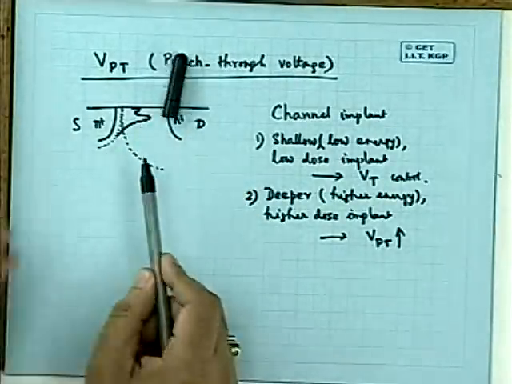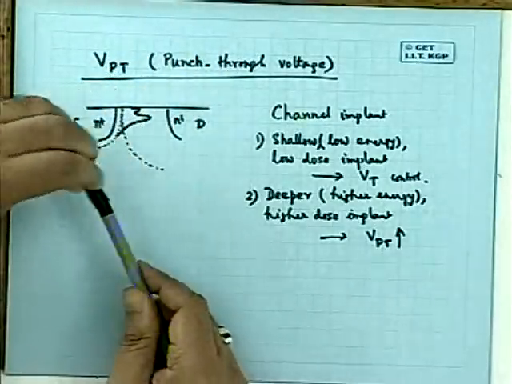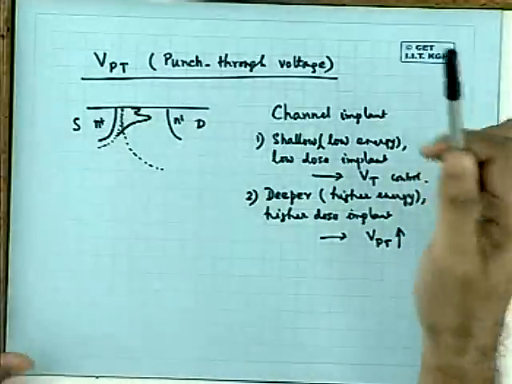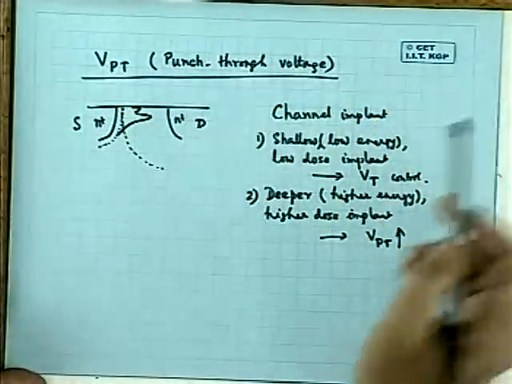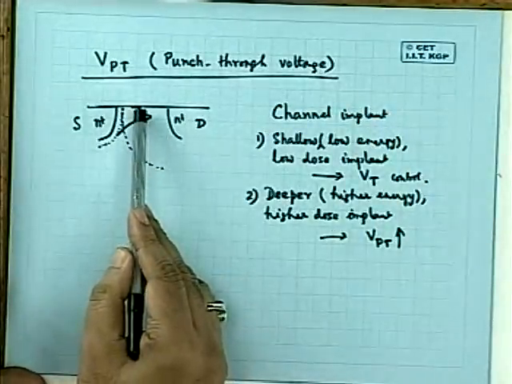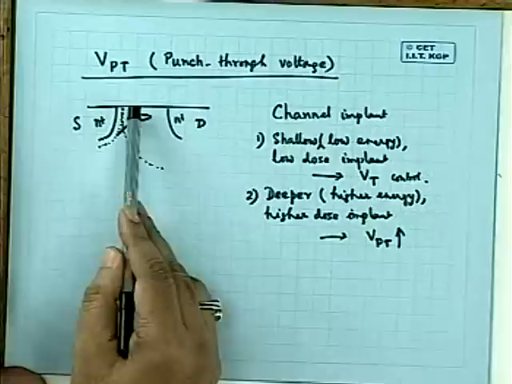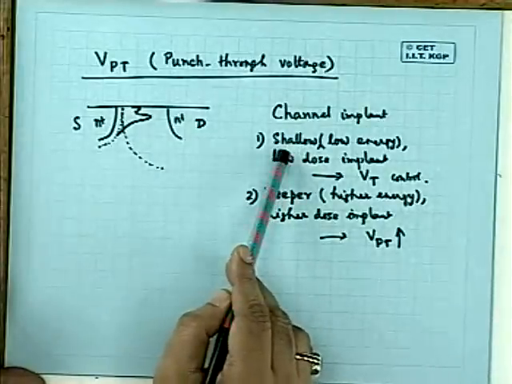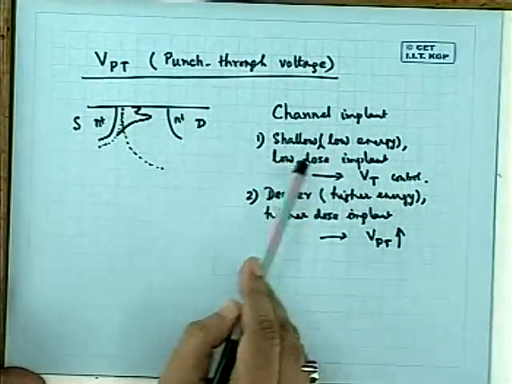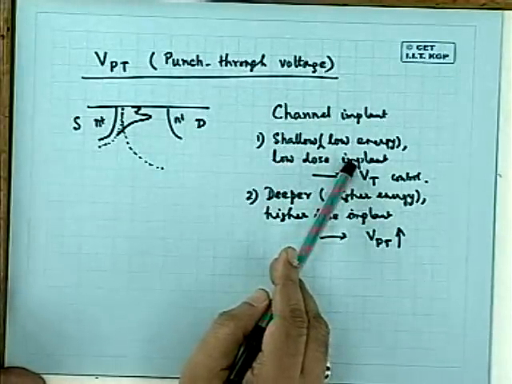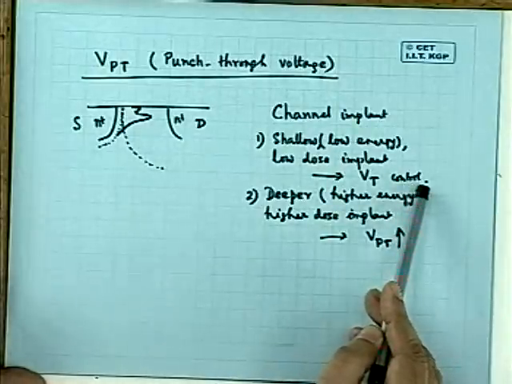There is a small peak near the surface. It's a boron implant; usually it is boron implant for NMOS. That small peak is the result of the first shallow, low energy, low dose implant, and that is for the control of the threshold voltage.